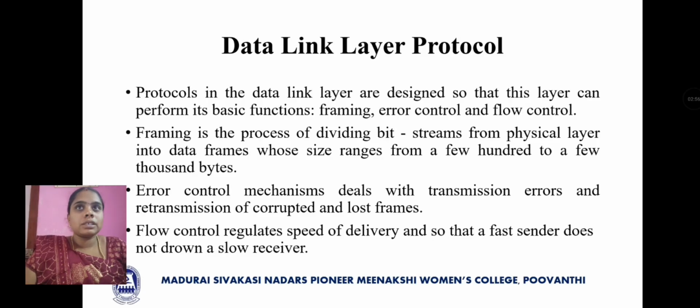Basically, the error control mechanism is used to detect and correct the errors that occur throughout the data transmission process.